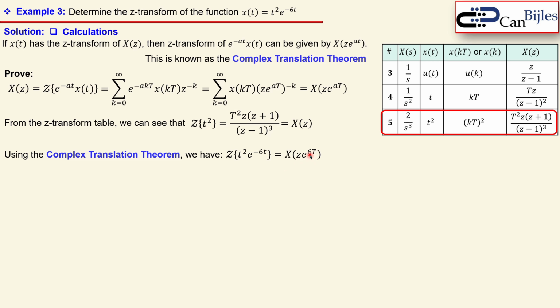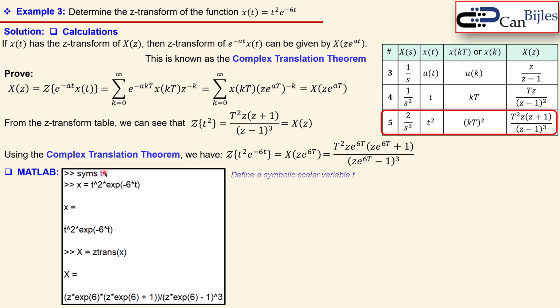In this case, we have e to the power aT times z instead of z. So let's see what happens now. T squared, and then this z will be this one, and this z will be that one. Let's check if this is really correct in MATLAB. Again, we define a scalar variable.